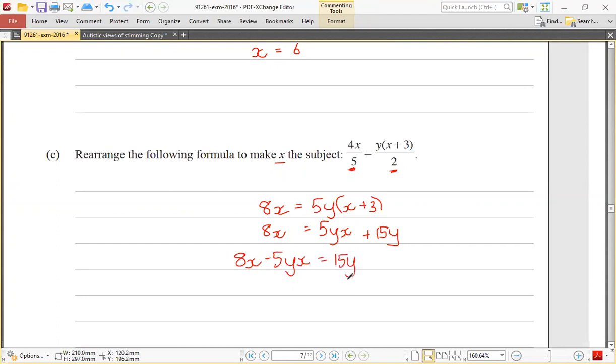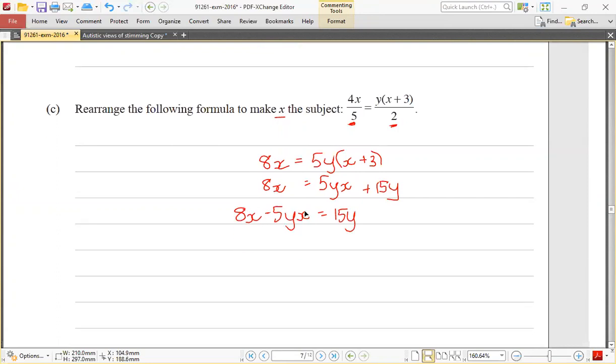And then now you've got these together. Now we can factorize, because they've both got the x, so we can do this little trick. Now, we want x as the subject, so how do we get rid of this 8 minus 5y?